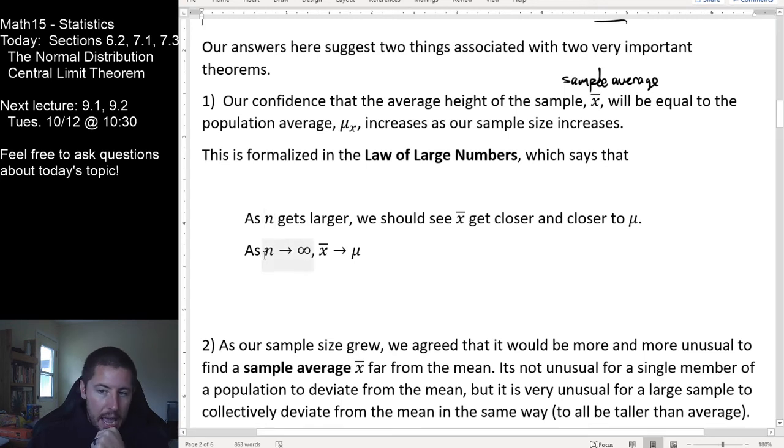And so as n gets bigger, our mathier notation for this would be as n approaches infinity, our sample average approaches our population average. It should be more likely that we're very, very close to that true population average.